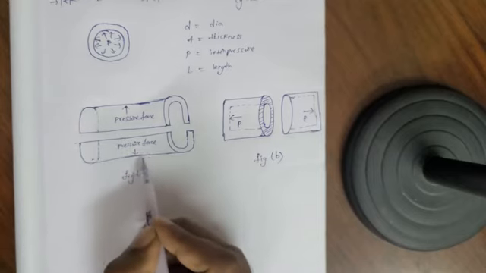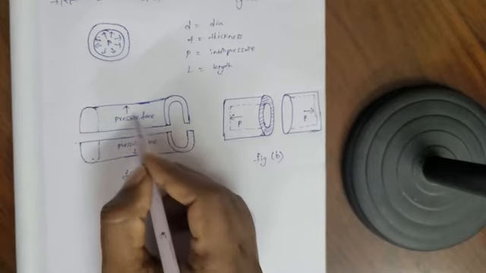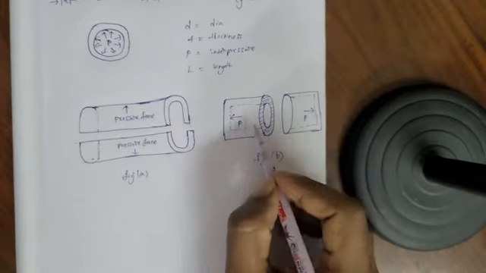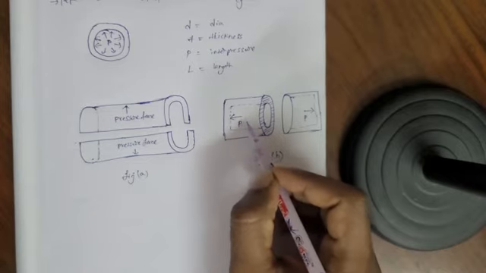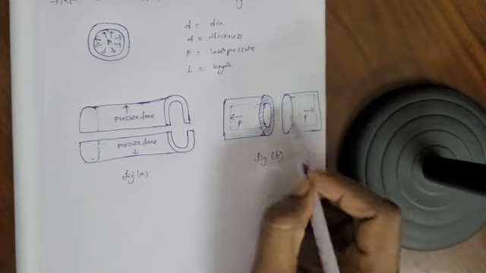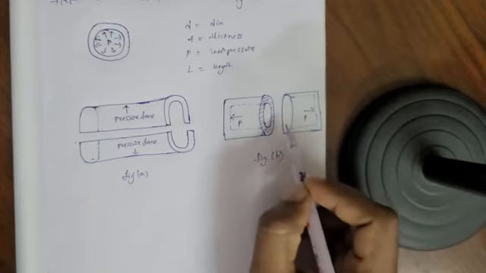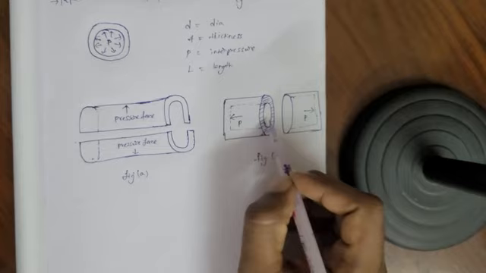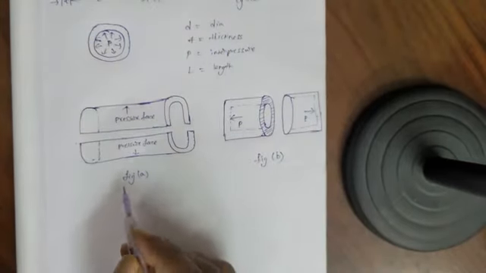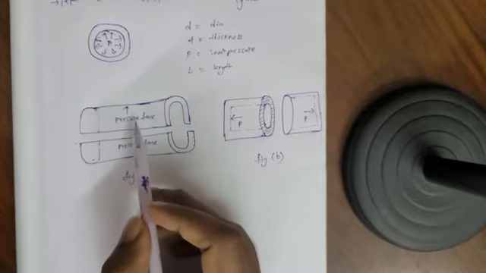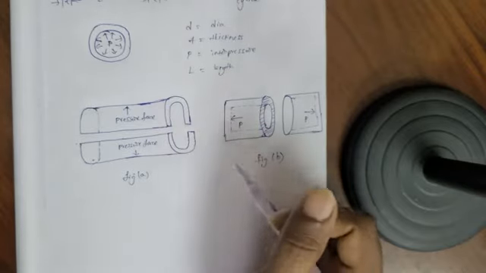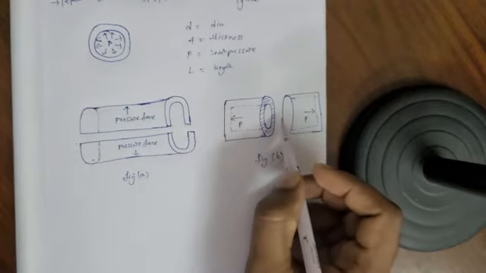These forces are splitting the cylinder. Also, the forces due to the pressure of the fluid acting at the ends of the thin cylinder tend to burst it like this. So one force is acting along the circumference of the cylinder and another is acting at the ends of the cylinder.